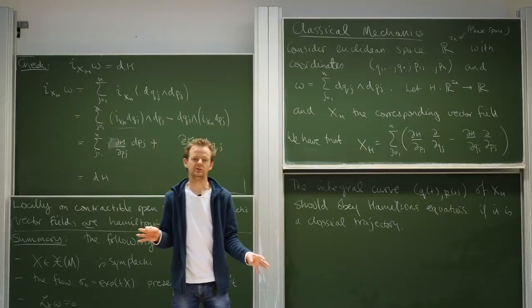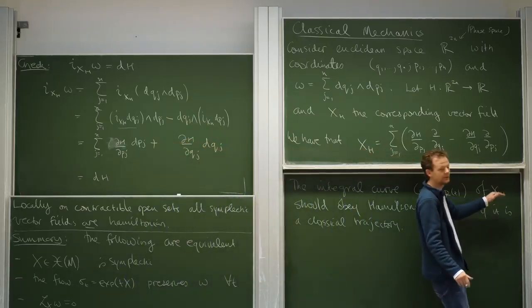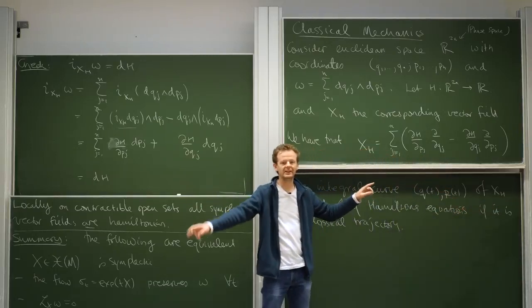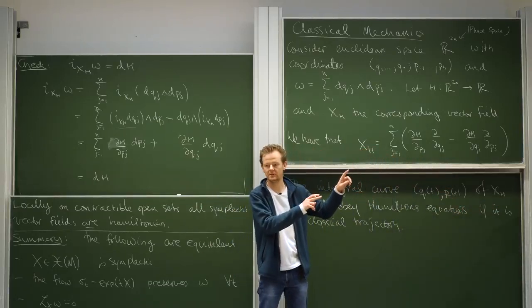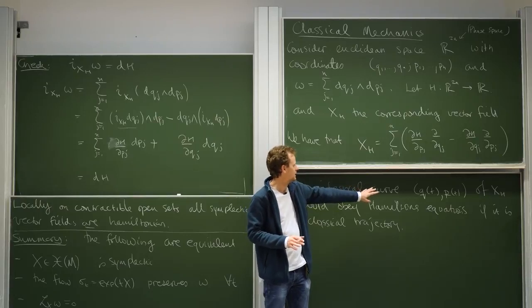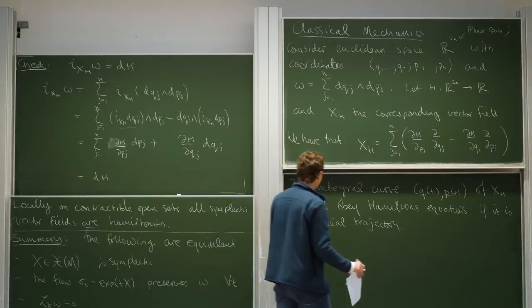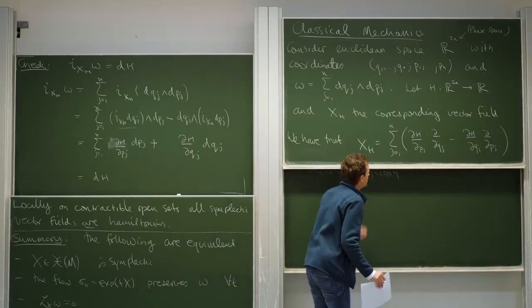So if we got the definitions right, if we generalized everything correctly, then this vector field here, its integral curves should be exactly the trajectories in phase space generated by Hamilton's equations. Let's see if that's the case. And if they are, then we know we've got the right generalization.